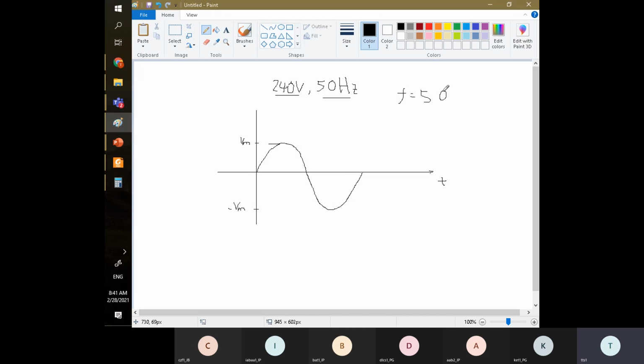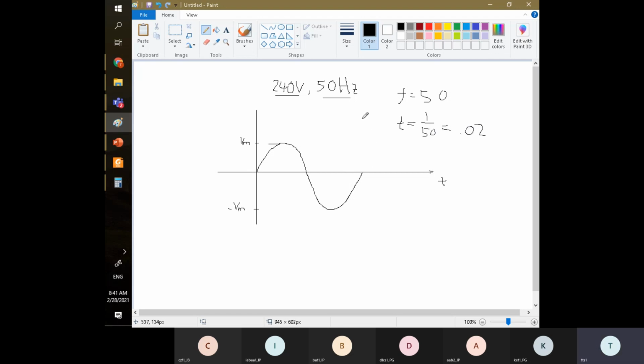And to convert to time, it is equal to 1 over frequency, 1 over 50. So we get 0.02.